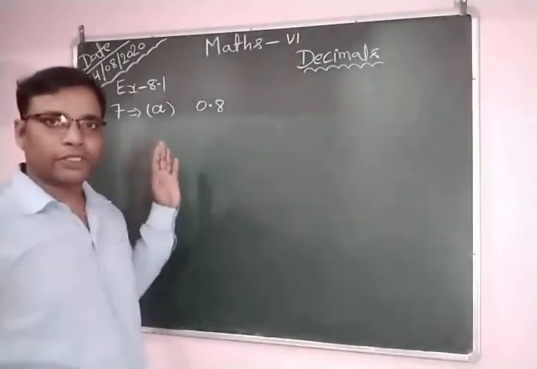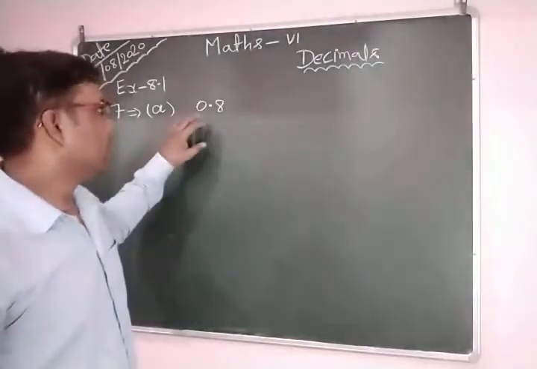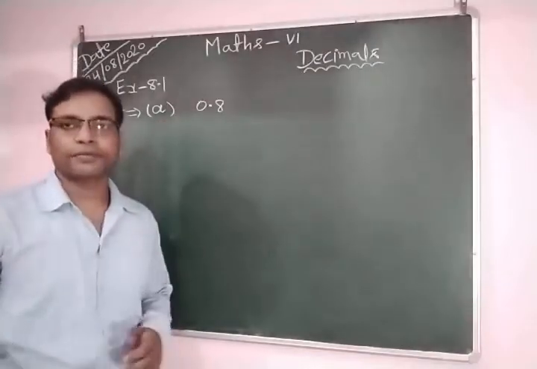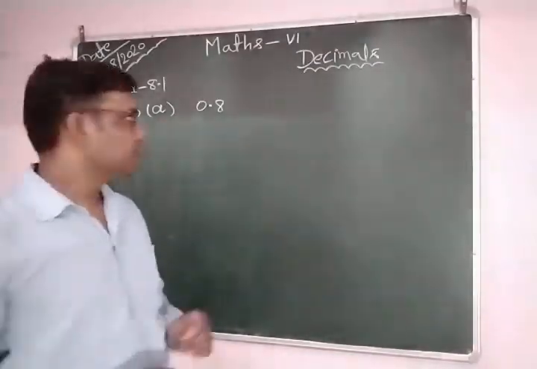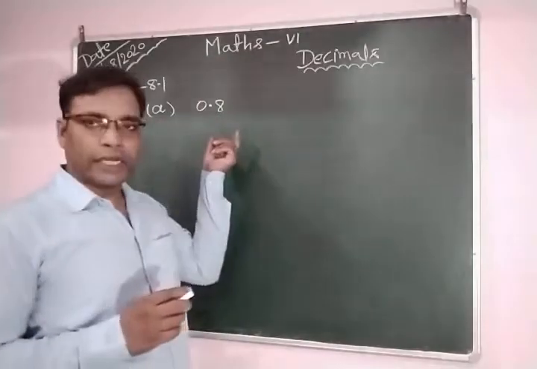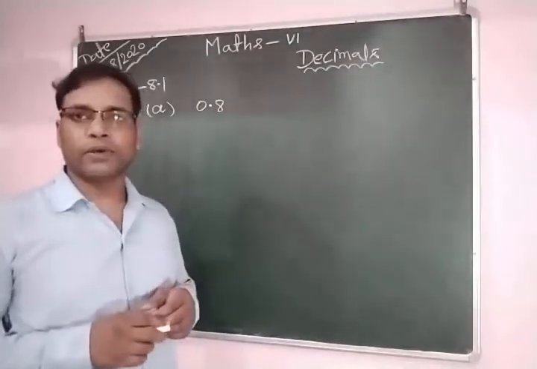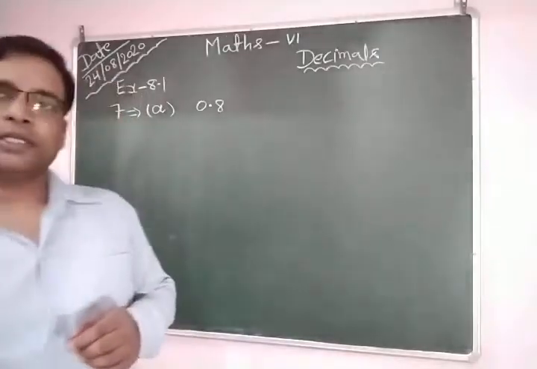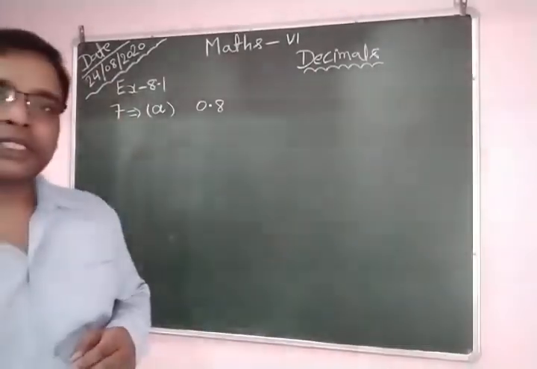A part of this question number 7, this is 0.8. We need to find which numbers 0.8 lies between on the number lines, and also we find the nearest number.